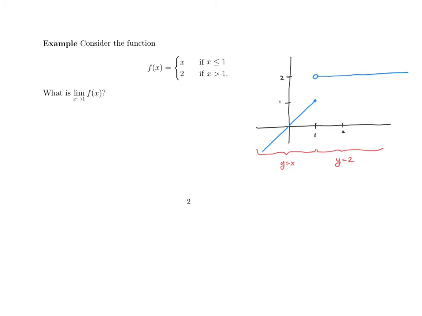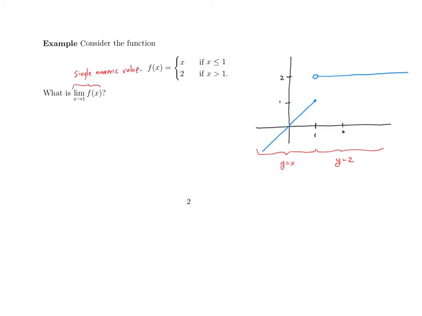Okay, so I'm assuming you've paused your video and you've thought about this. If you didn't, now really pause the video and think about it for a few minutes. Now, when we ask the question, what is the limit as x approaches 1 of f of x, this limiting value needs to be a single numeric value.